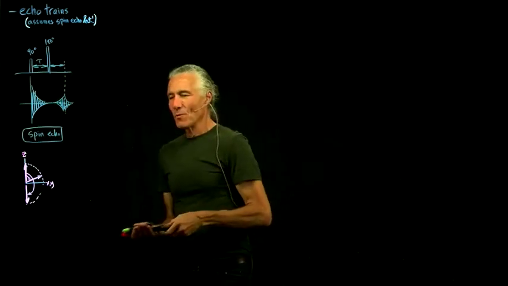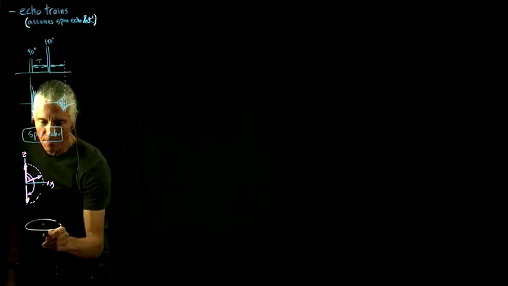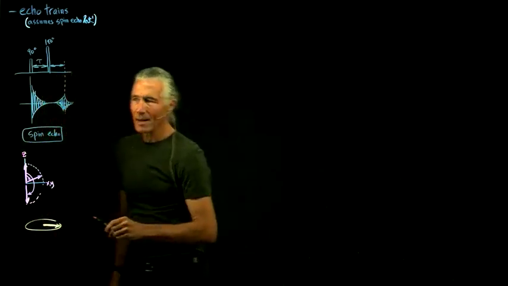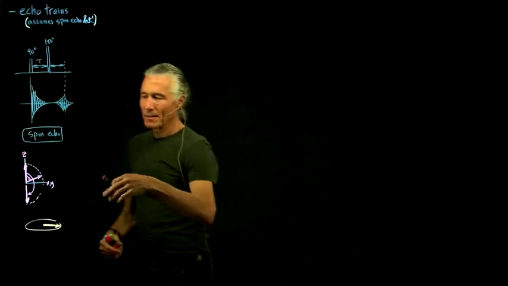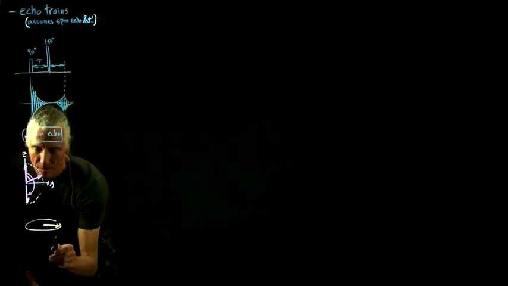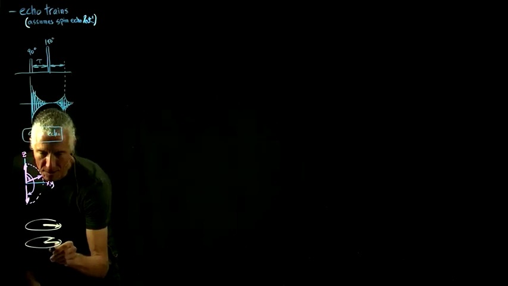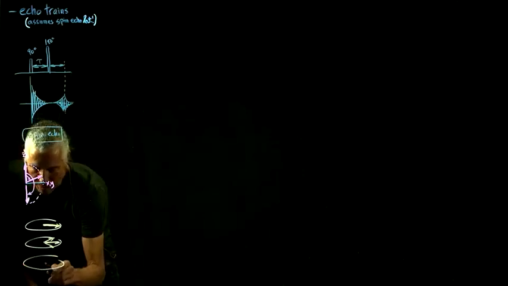Just as a preview, why does it occur? Well, if you start off with the magnetization all lined up because the RF swept everybody into the same phase, what happens over time is it starts to spread out because there's differences in B0 like that. And if you wait long enough, there's still magnetization left, but it's all spread out like that, like in a disk.